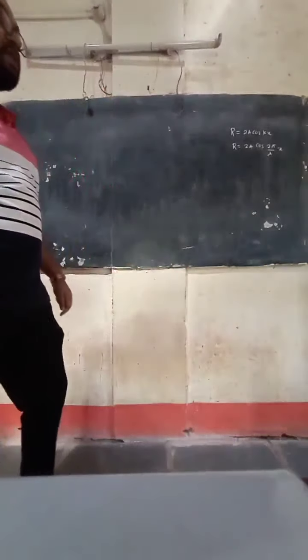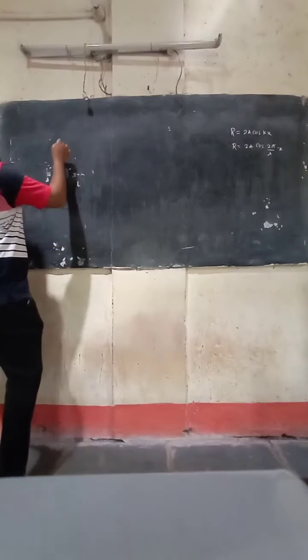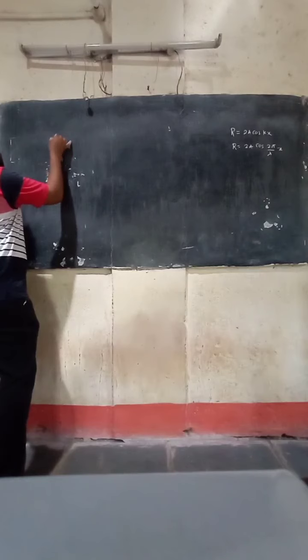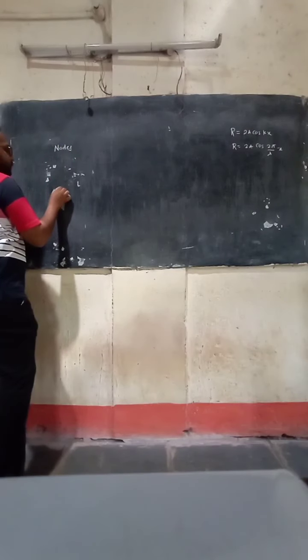Now, based on this resultant, we get two kinds of points: nodes and antinodes.